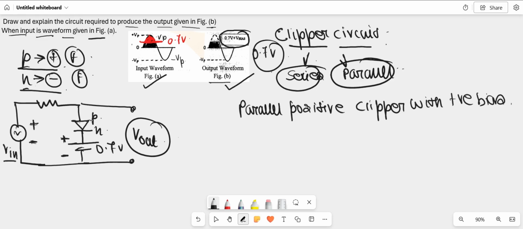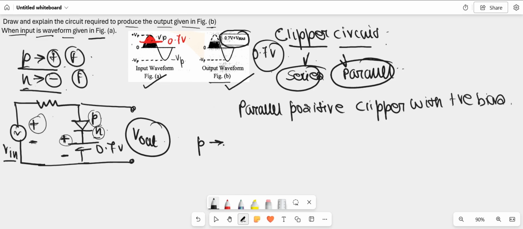As we can see, P here is connected to the positive terminal. But this is not the real case, because the bias we are applying here is 0.7 volt, which also has a polarity of plus and minus. So the N terminal is also connected to a positive terminal. We have to determine which of the P or N terminals is connected to a more positive value.